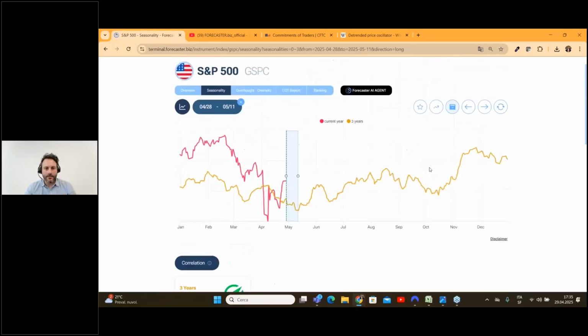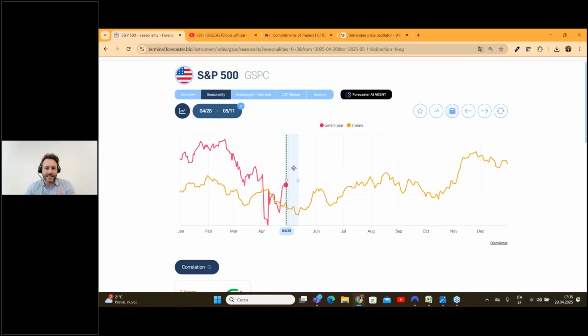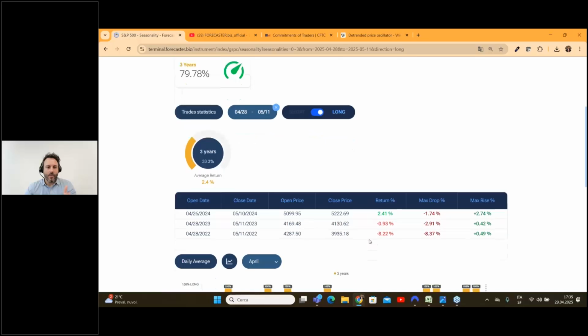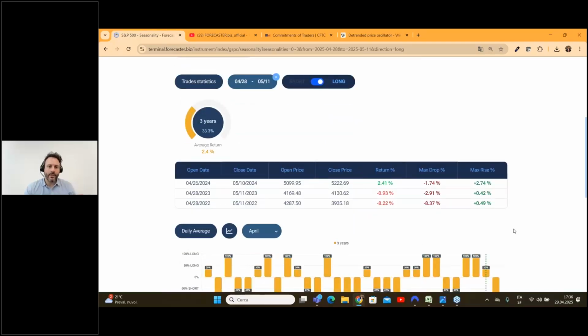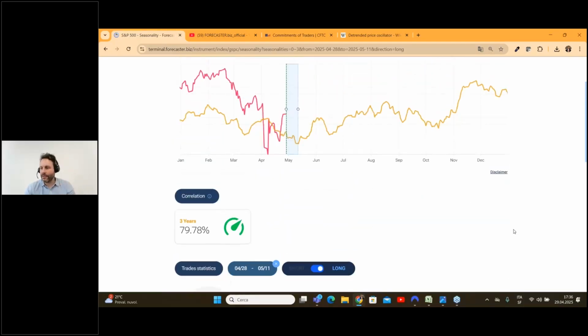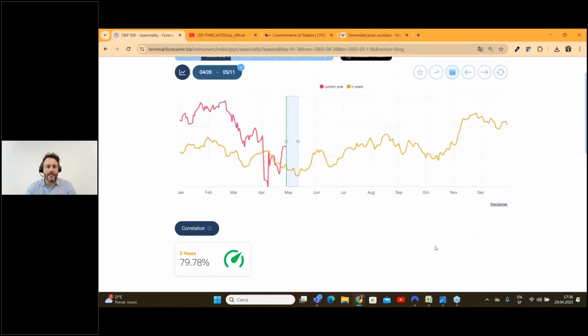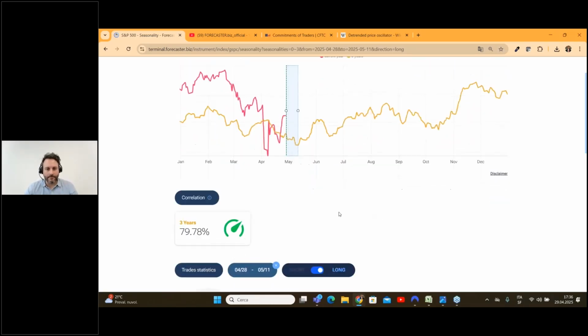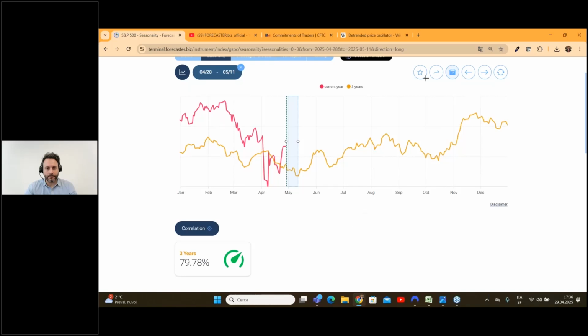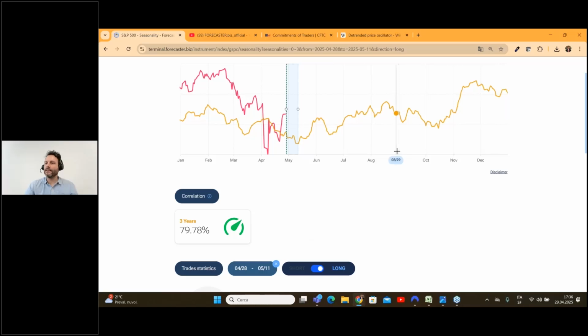We are talking about this specific period of time in a moment where a drop in prices for the S&P 500 is more possible than an upward movement.